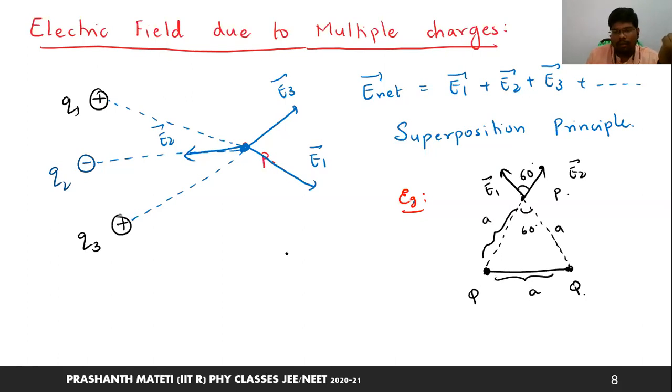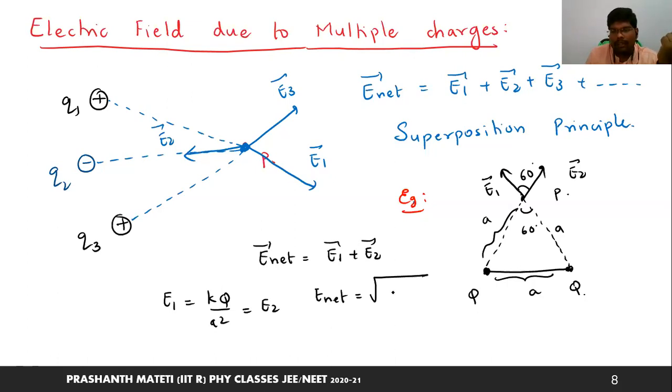Now, if you want to find the net electric field, it is the E1 vector plus the E2 vector. E1 is equal to KQ by A square, and the same goes for E2. Now we know the 2 vectors, and how to add them. If you want only the magnitude, we can use the triangle law or parallelogram law of addition.